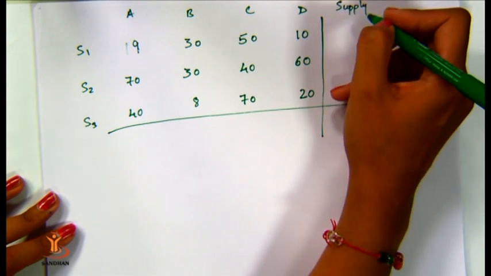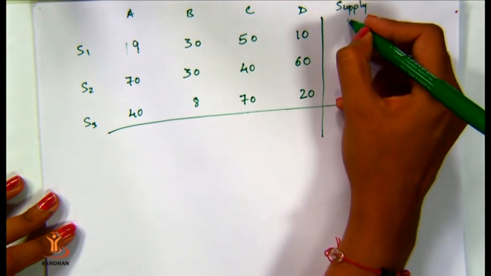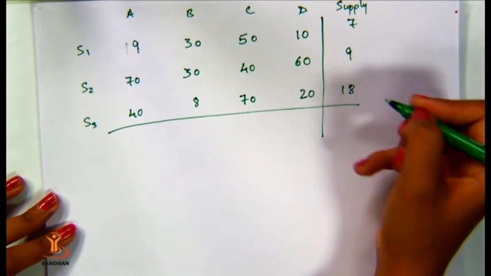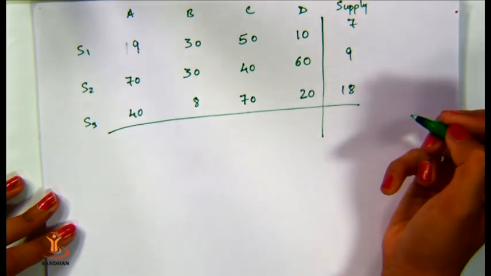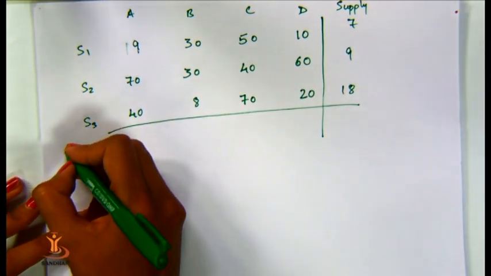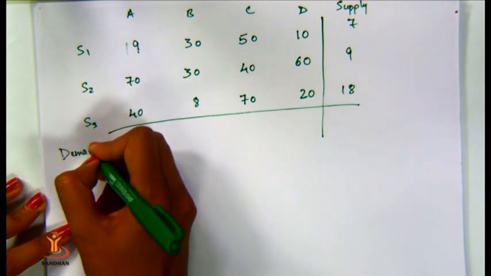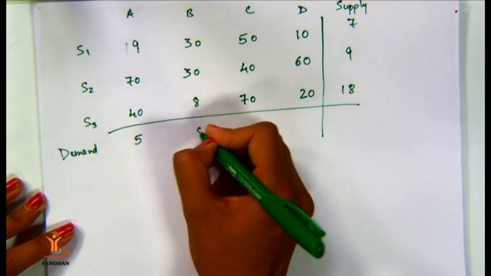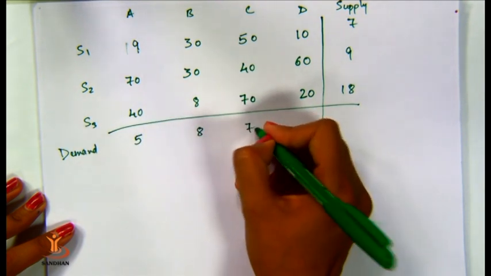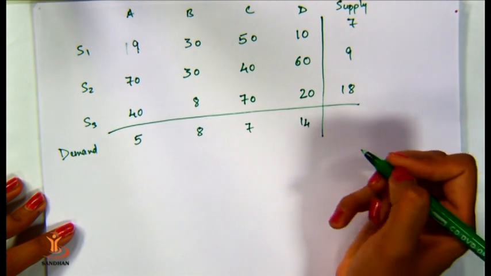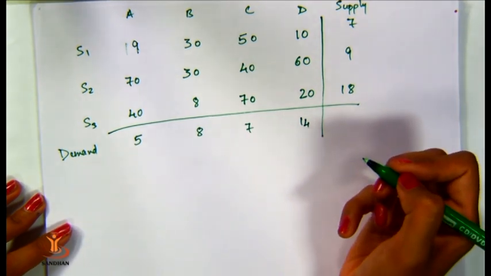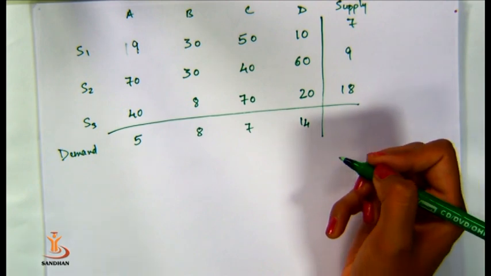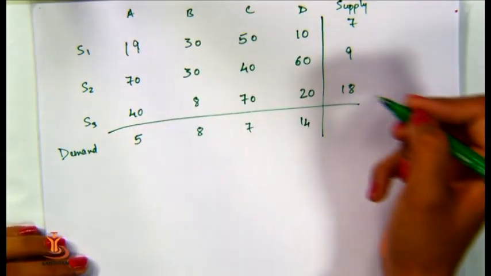Here we have the supply of 7, 9, and 18 units, and here we have the demand, which is 5, 8, 7, and 14 units respectively. So let us try to solve this example.